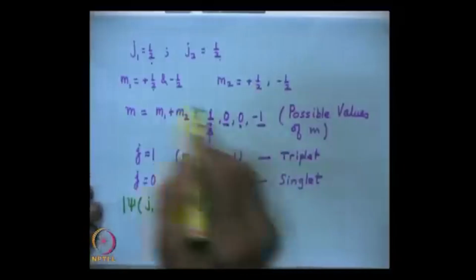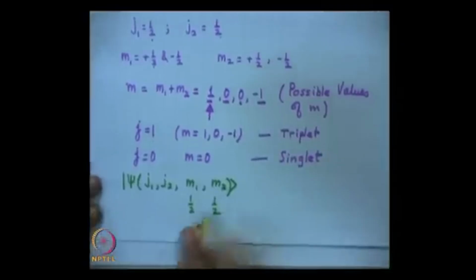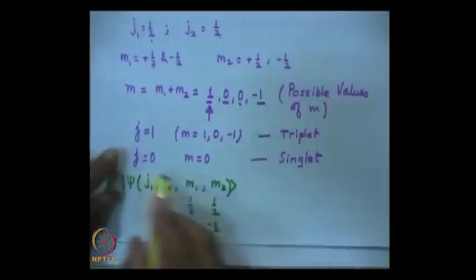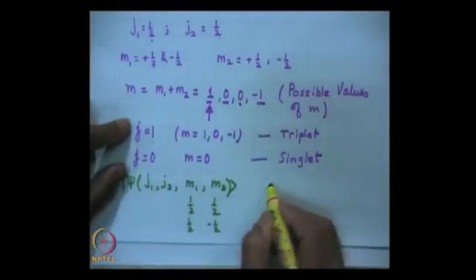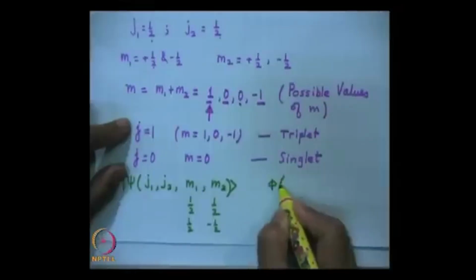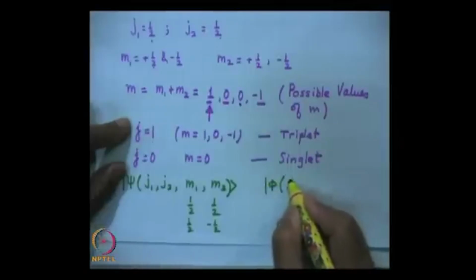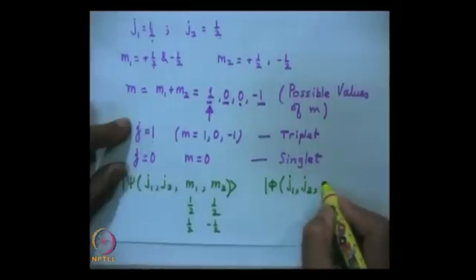Now, M1 can take half, half, minus half, minus half, and M2 can take half, minus half, half, minus half. And then there are 4 functions which are simultaneous eigenkets of J1 square, J2 square, J square and Jz.